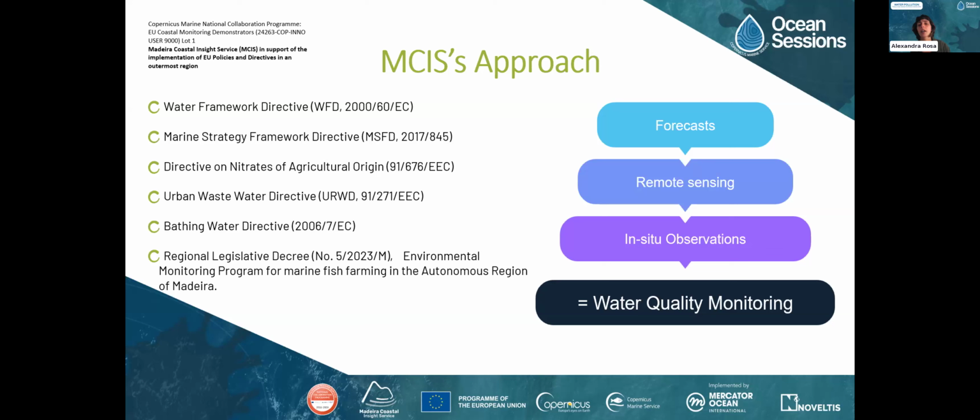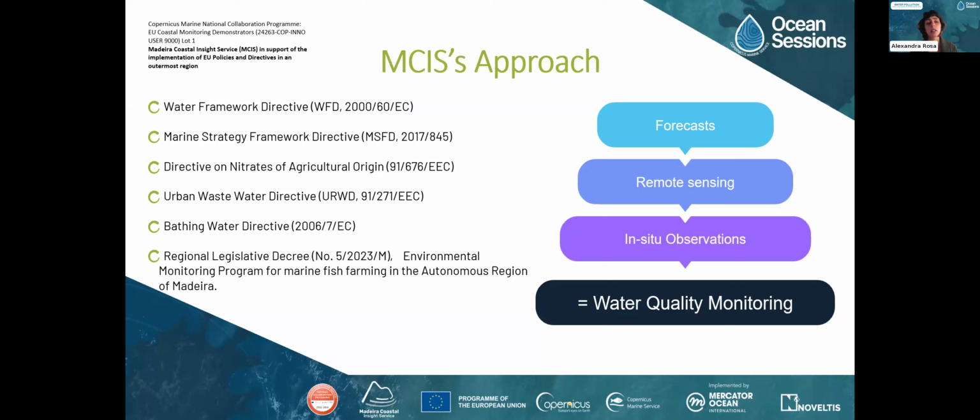As you can see in the right panel, we combine forecasts, remote sensing, and in-situ observations to provide this comprehensive monitoring service in order to provide information to support directives.